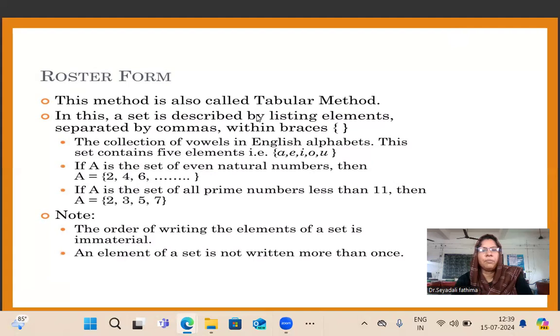If A is the set of even natural numbers, then A contains the elements 2, 4, 6, etc. The order of writing the elements of a set is immaterial. An element of a set is not written more than once.